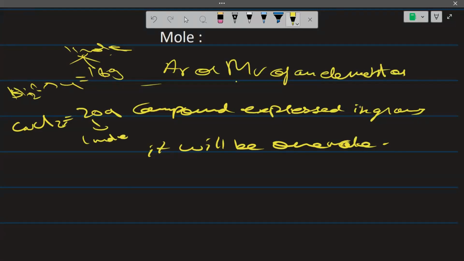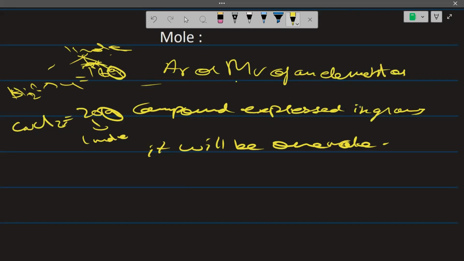So basically, the grams vary the number of moles. So the basic definition of a mole is that if the AR or MR of a compound is expressed in grams, then it is equal to 1 mole.